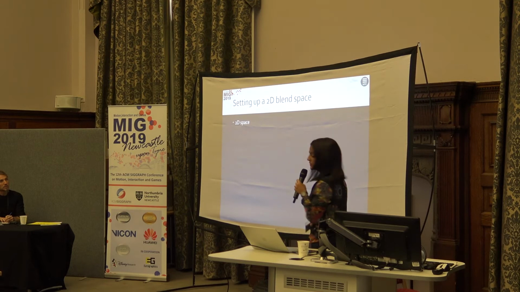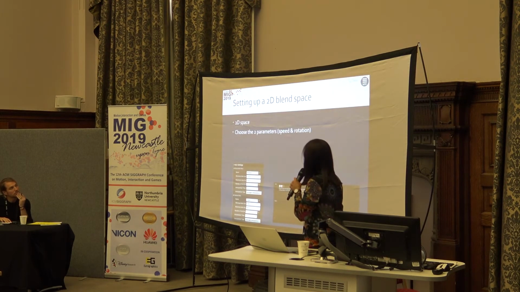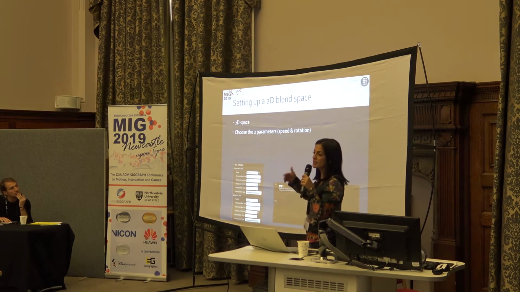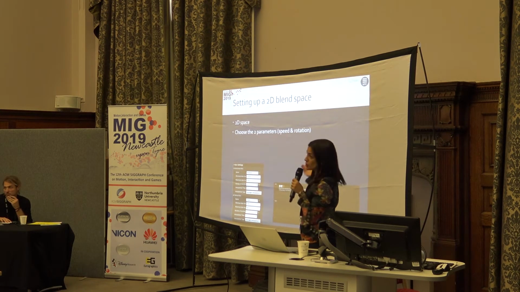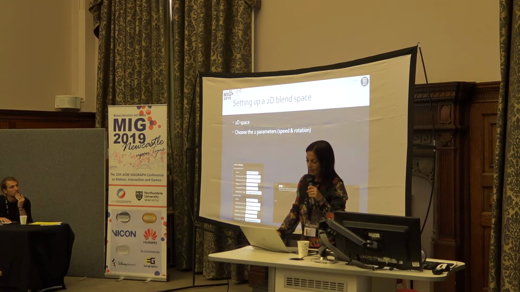So if you've ever tried to create an animation with, in this case, Unreal, you have a 2D space in which you pick two parameters, typically speed and rotation. With that information, you define the minimum and maximum values for this 2D space.